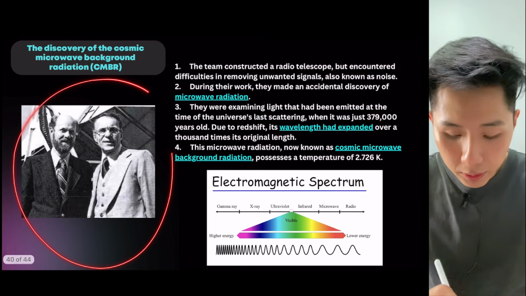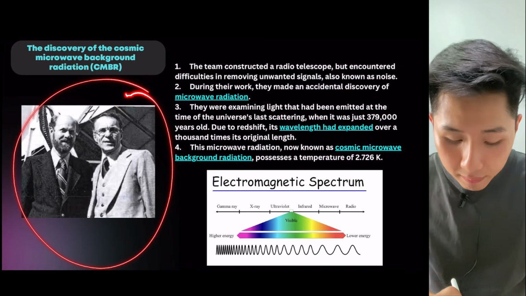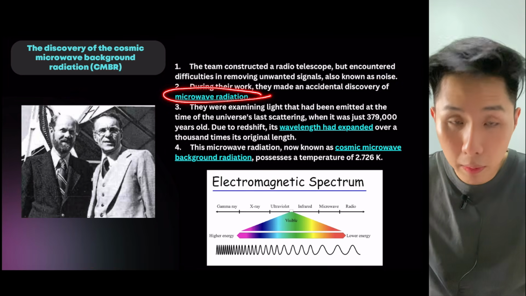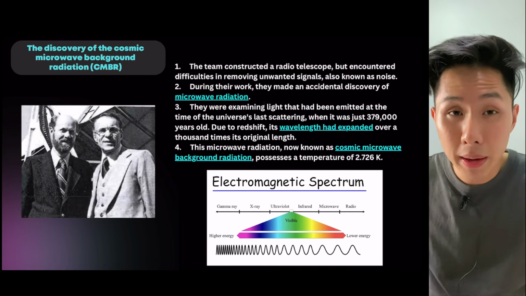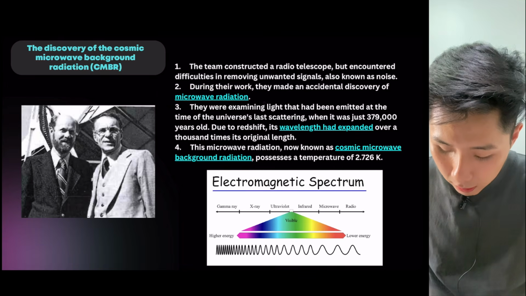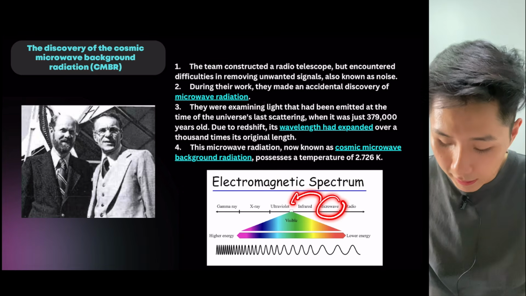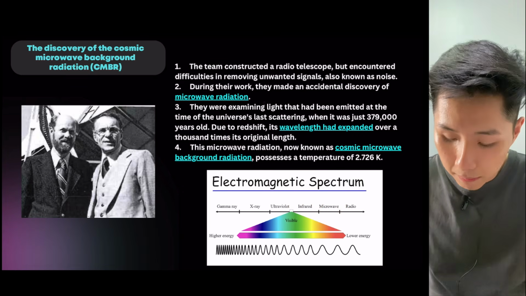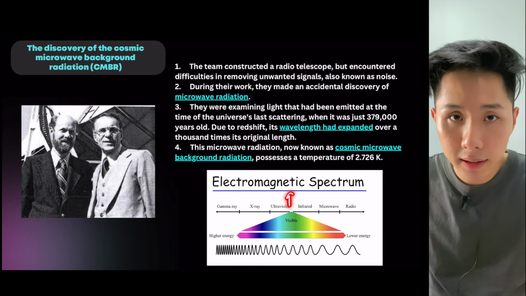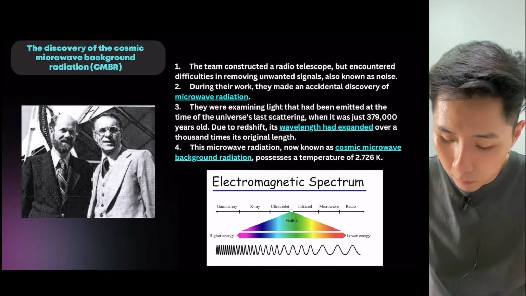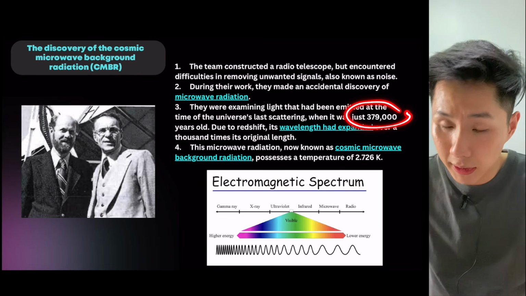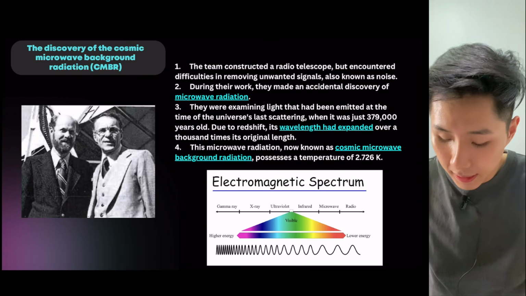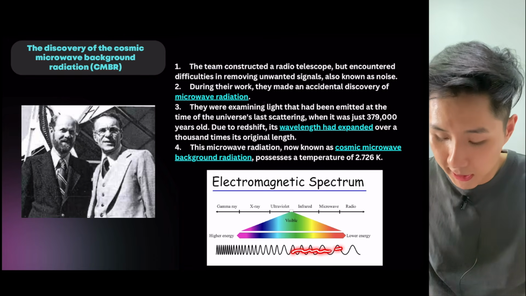So what these two scientists did is that as they were doing their research, they discovered the microwave radiation. If you remember the electromagnetic spectrum, microwave radiation is a little bit beyond the light. What they found out is that light emitted when the universe was just 379,000 years old has undergone a redshifting effect that causes its wavelength to increase.